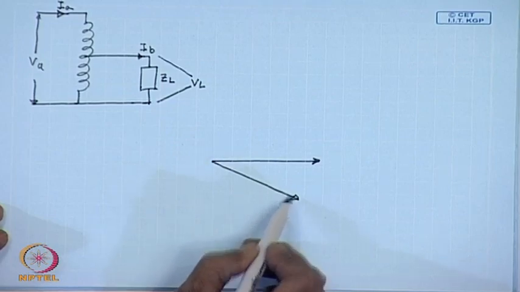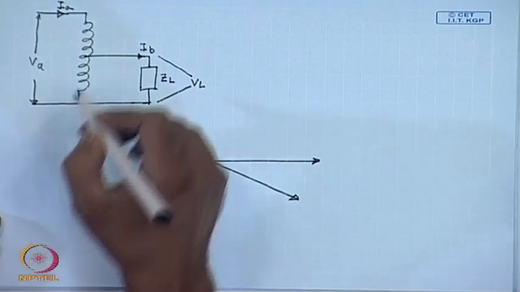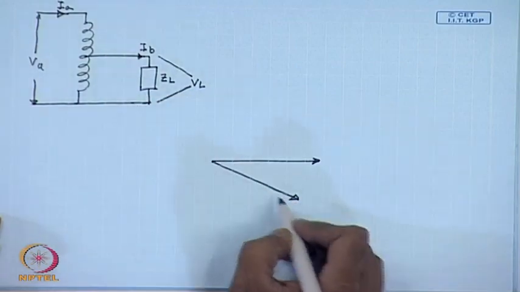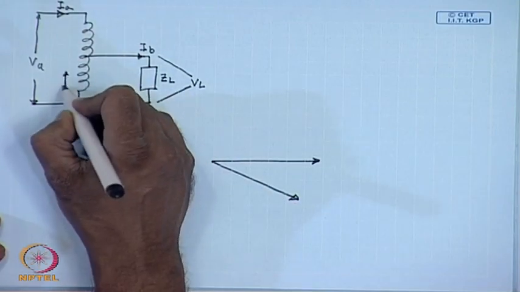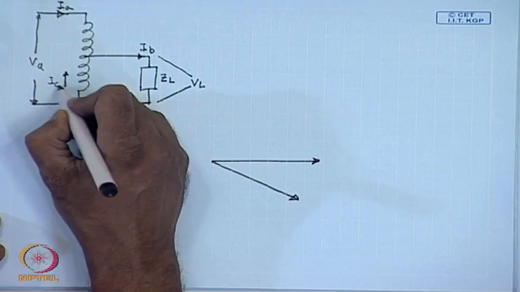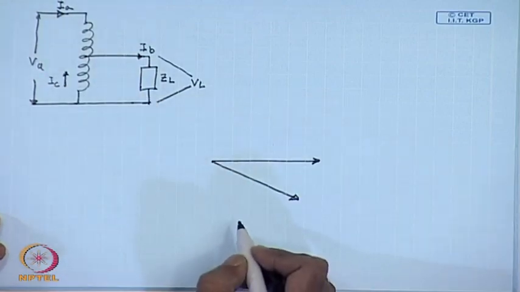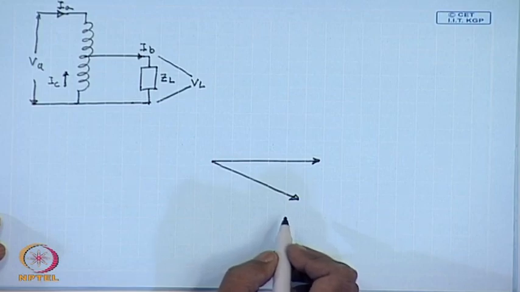So, this is the current I 2 or I B. The current I A and I C are in phase with I B.